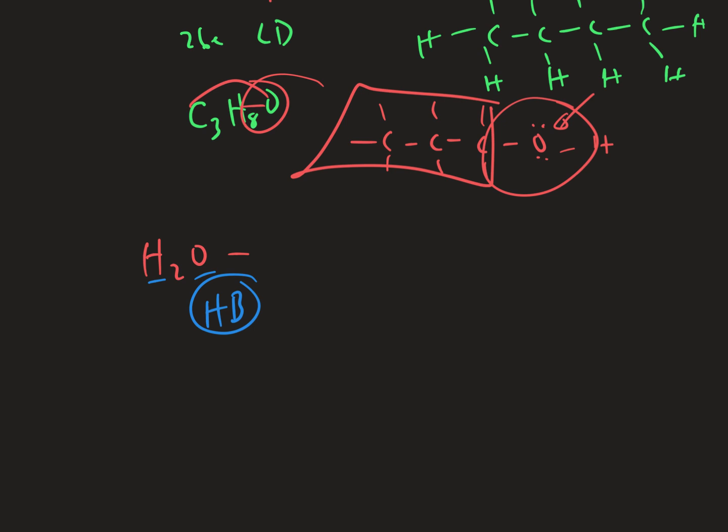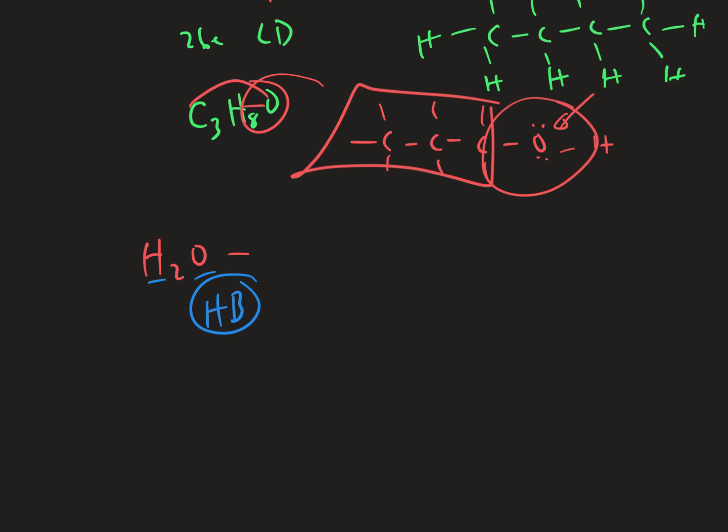But if hydrogen is directly bonded to nitrogen, oxygen, or fluorine, those are polar bonds. Unless it's 100% symmetrical, it is hydrogen bonding. But if it's hydrogen, chances are it's going to be polar.